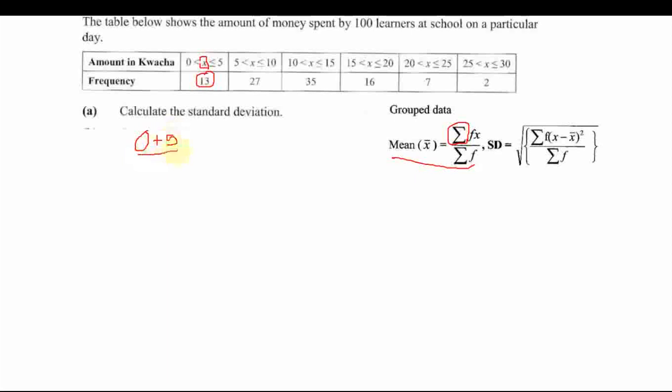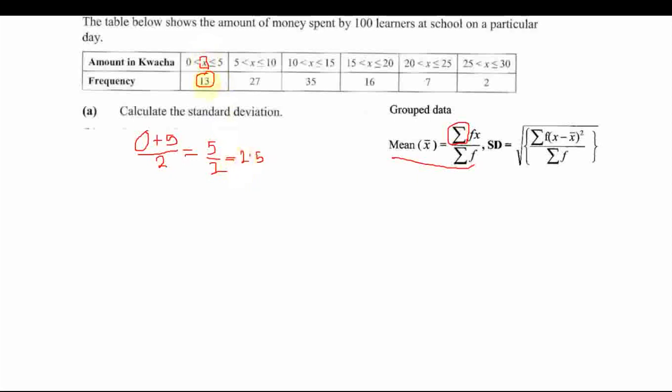So 0 plus 5 divided by 2, and that is 5 divided by 2. If we divide 5 by 2, the answer will be 2.5. You see that? So this is how you find the value for x.